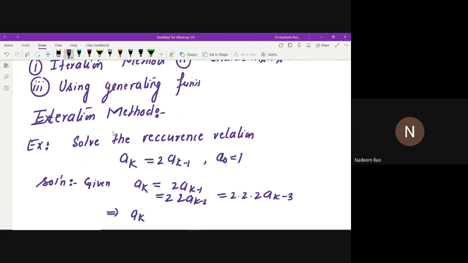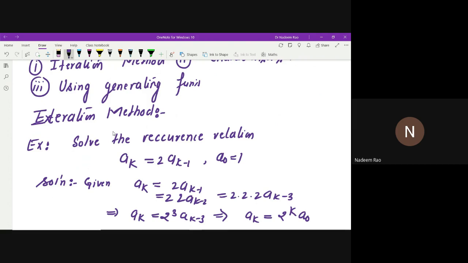a_k equals 2 to the power 3 a_(k-3). It can be written like this. So you can write it in terms of a_0, that is a_k equals 2 to the power k a_0.